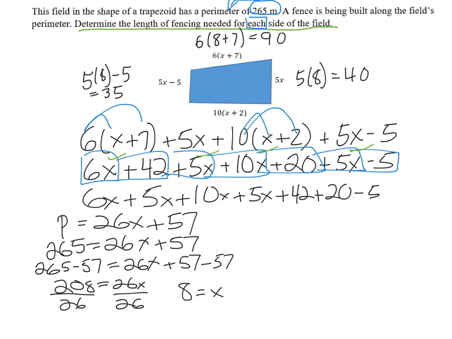And then in this example here of 10x, I'm going to get 10 bracket 8 plus 2, and that's going to give me 100, because 8 plus 2 is 10. 10 times 10 is 100. And so those would be my answers.